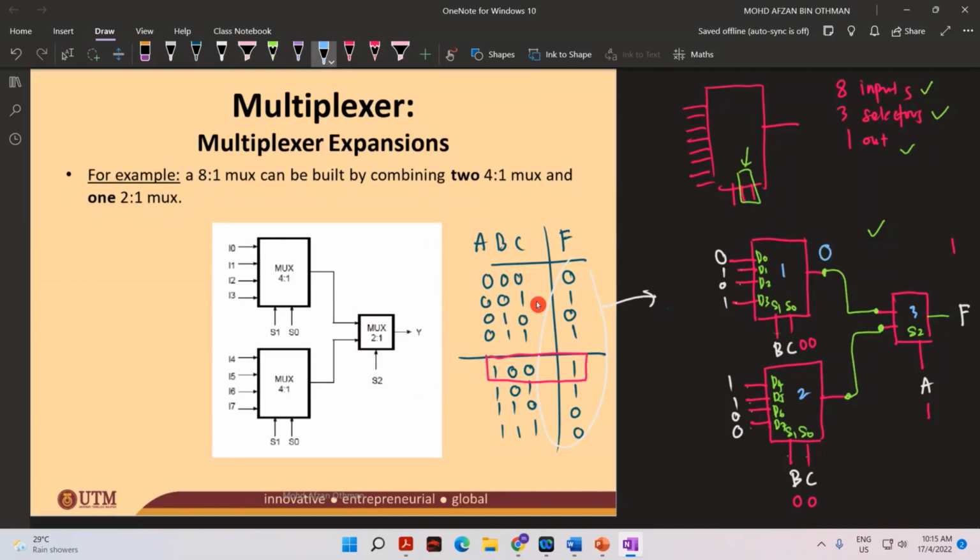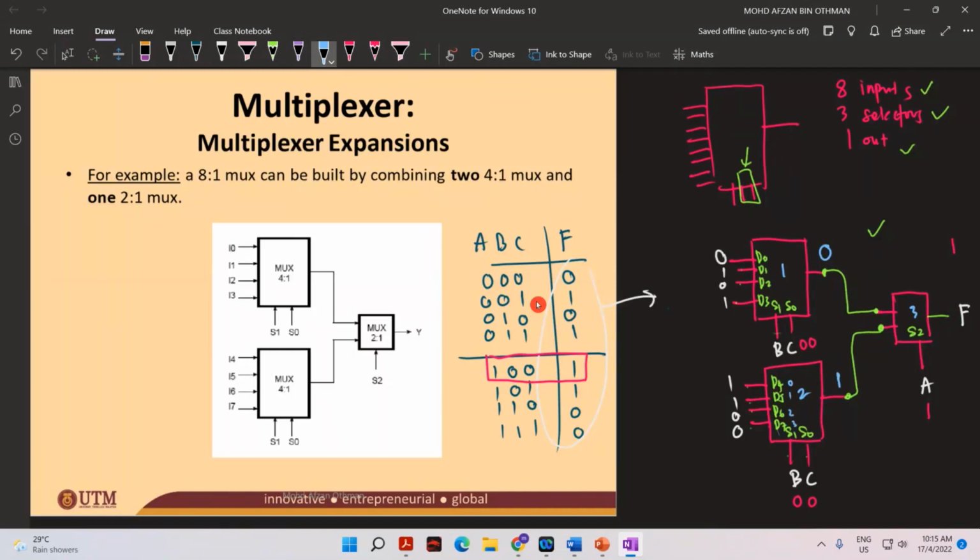What about the second mux? Akan nak ambil daripada yang mana? D4, D5, D6, D7. 0 0 ni, masih lagi 0 0. D4 kan? D4 lah. Okay, kalau kamu takut confuse, kamu letak sini dulu 0, 1, 2, 3. Okay, so dia akan ambil daripada yang ni, yang atas kali ni. So dia akan dapat 1.